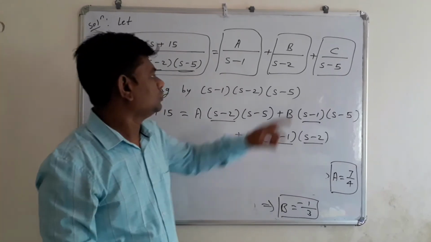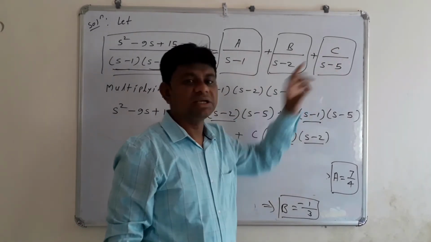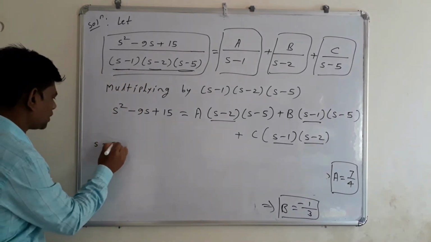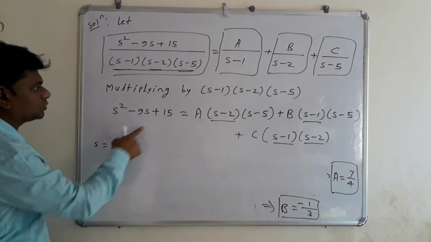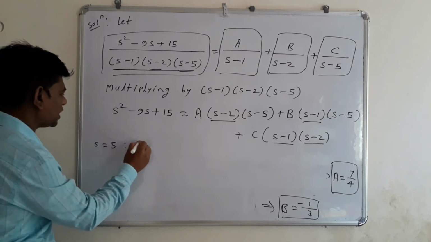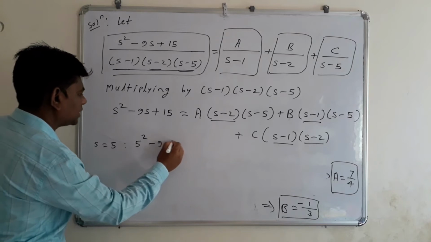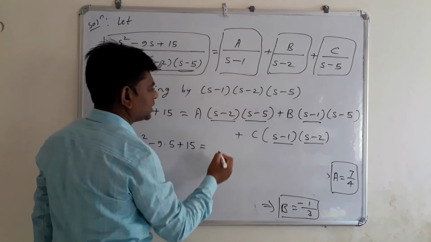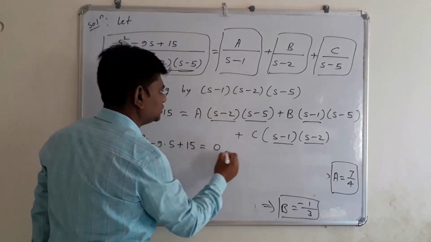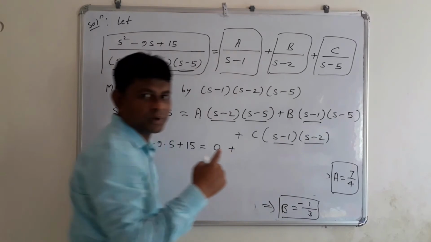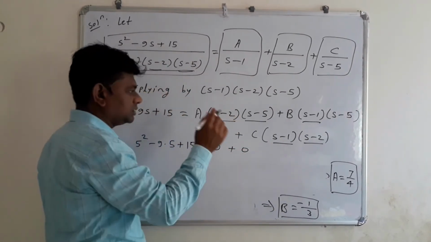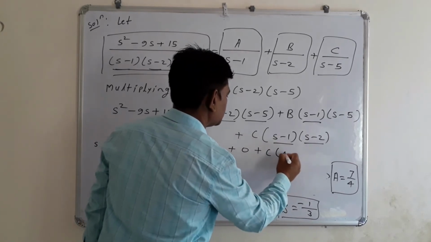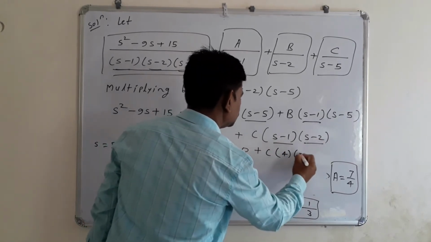This is the B. Now for C, by substituting s−5=0, that is s=5, the 5²−9 times 5+15 is equal to, since s−5 is 0, the first term is 0, and again the second term is 0, plus C times (5−1) means 4, and (5−2) means 3.